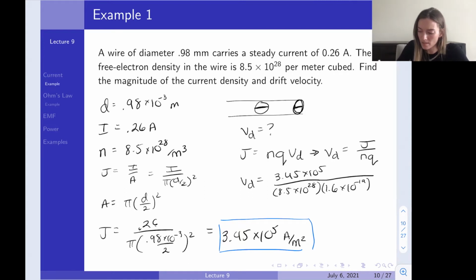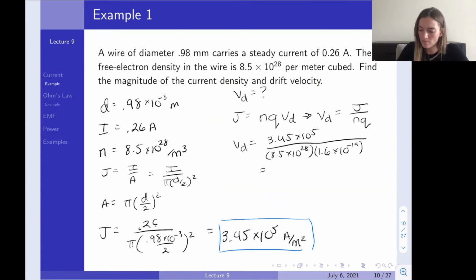So this comes out to 2.5 times 10 to the negative 5 meters per second.